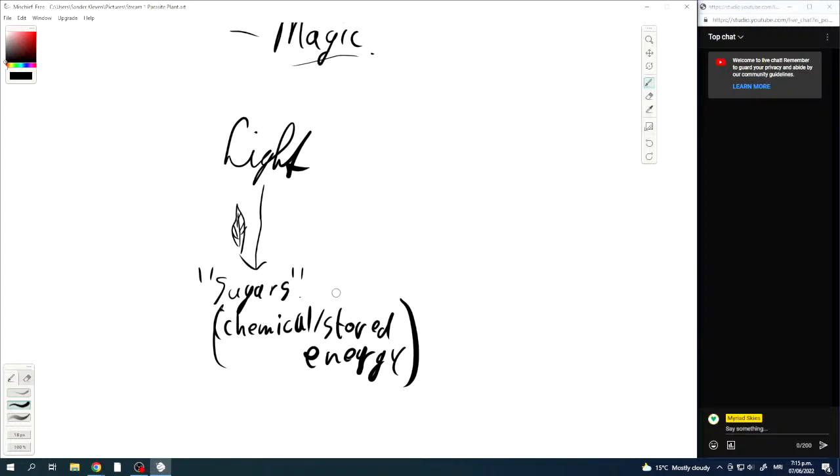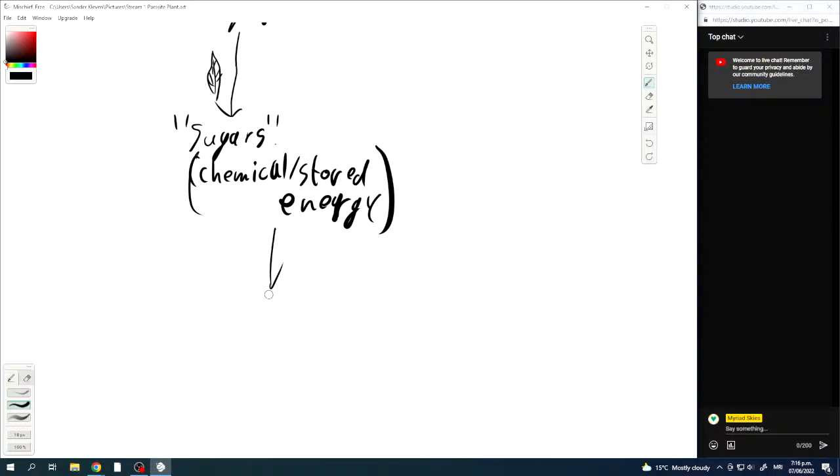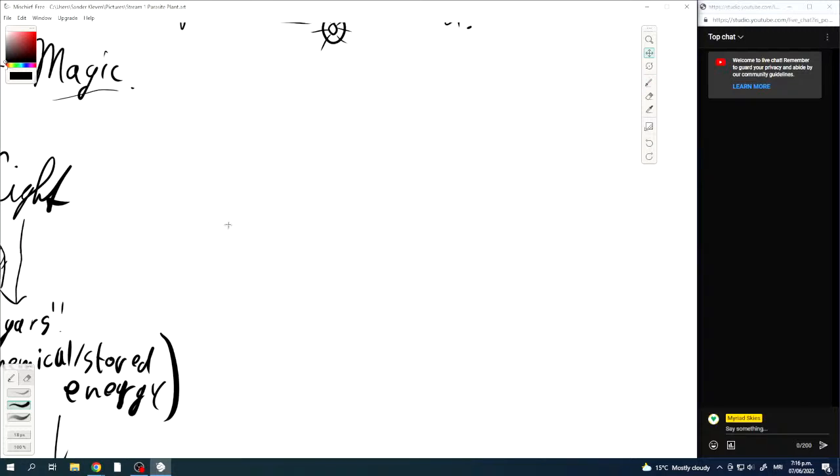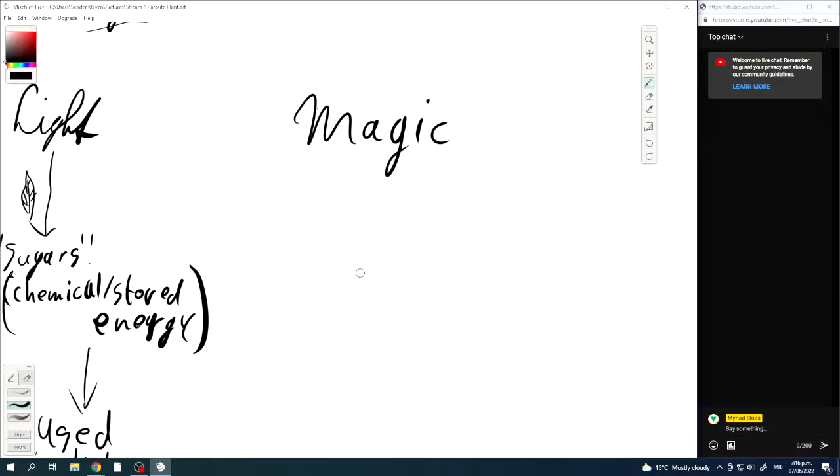So light turns into sugars, which can then be eaten and used in biological processes. Cool. Magic probably can be refined into forms of chemical energy as well.